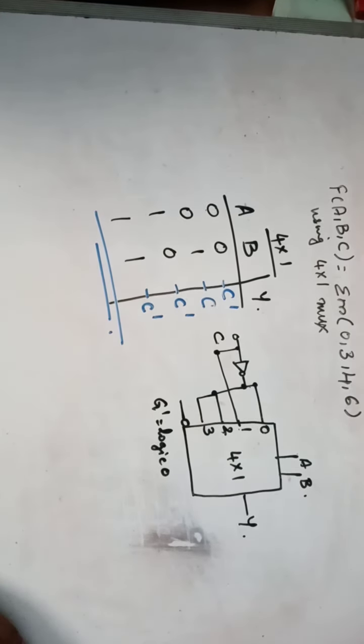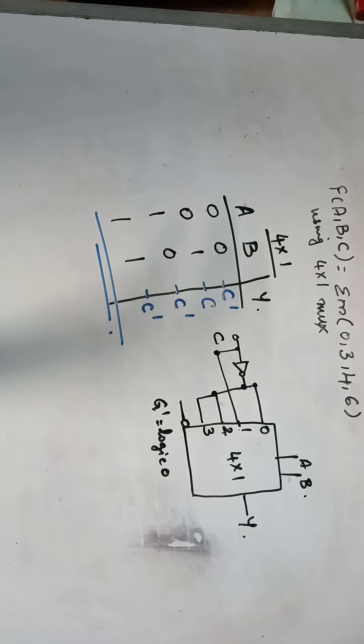Now, in this case, I eliminated the LSB. So when I eliminated the LSB, you saw that you were grouping 0 and 1, 2 and 3, 4 and 5, 6 and 7.